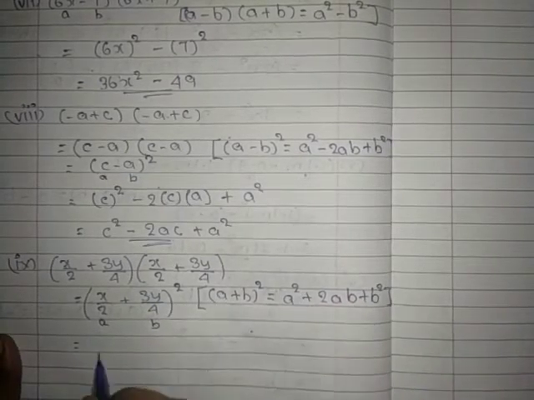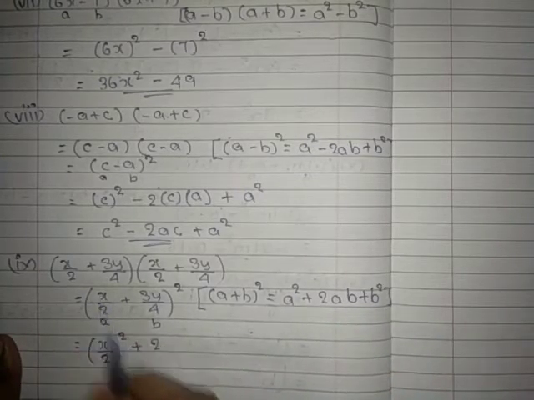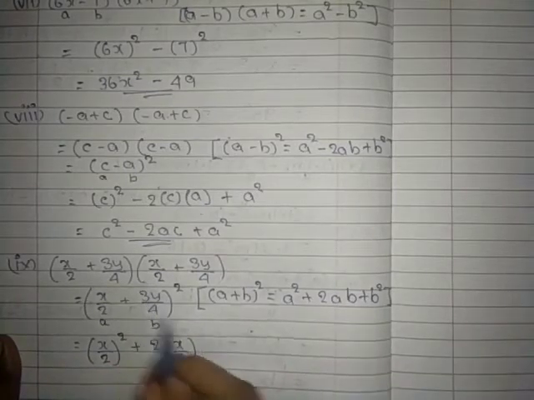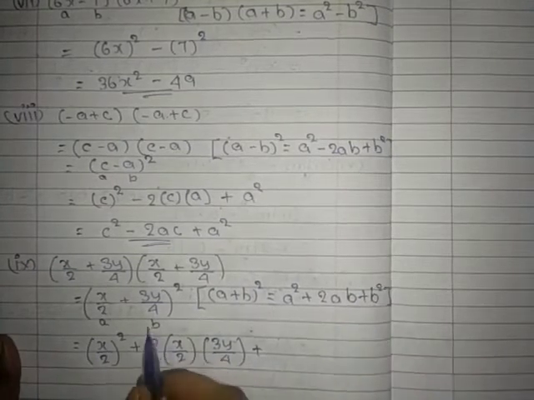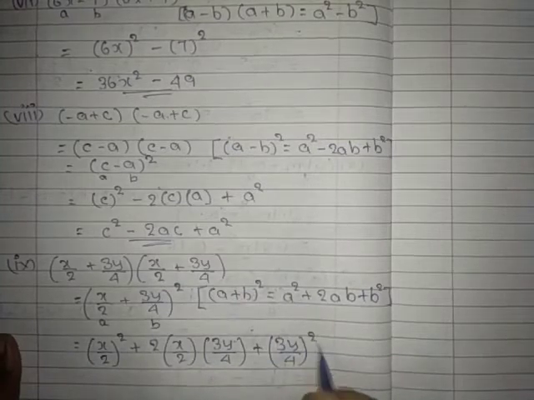Now easily you can put the values into this formula and solve it. A square, that is x by 2 the whole square, plus 2 multiplied by a. A is x by 2, multiplied by b. What is b here? 3y by 4, plus b square. B square here is, b here is 3y by 4 the whole square.